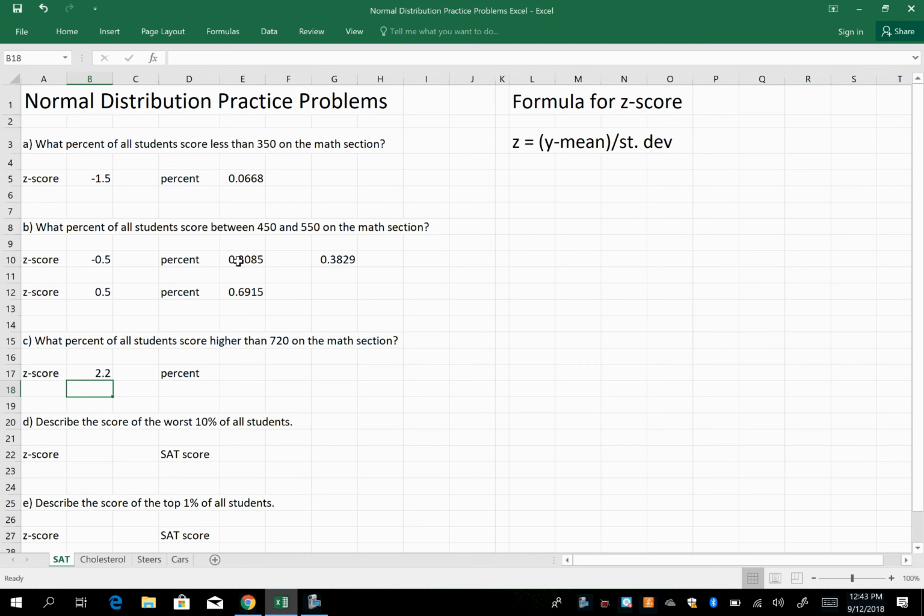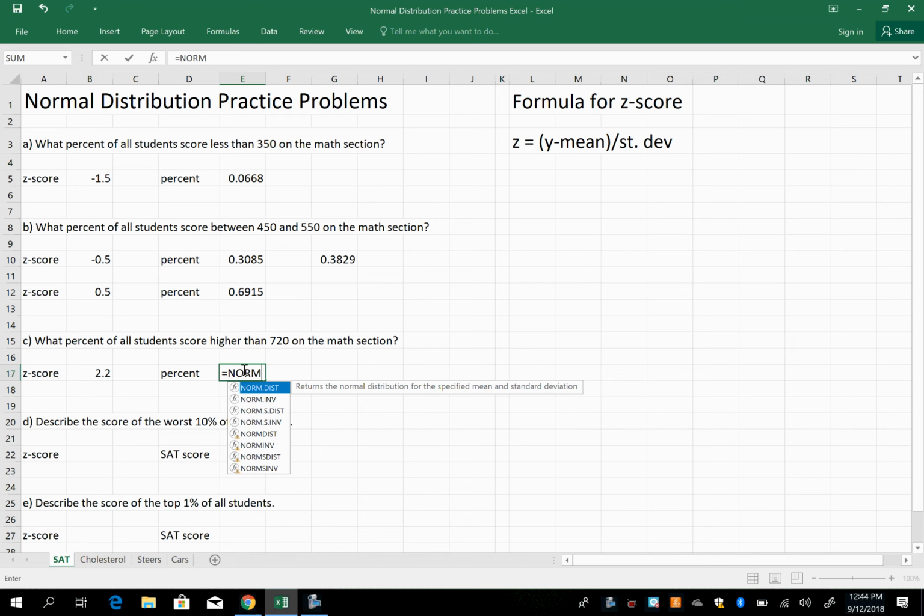All right, subtract it. So let's do it. Here we go. This is cell E17. Equals NORM.S.DIST.